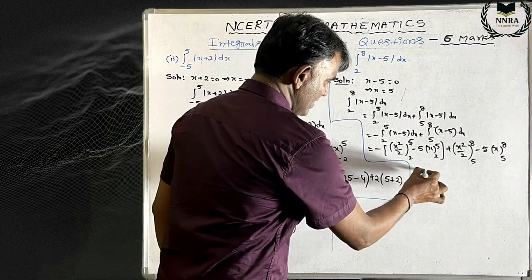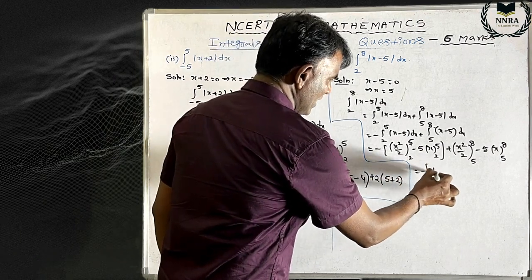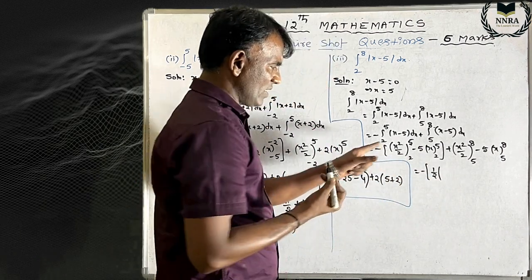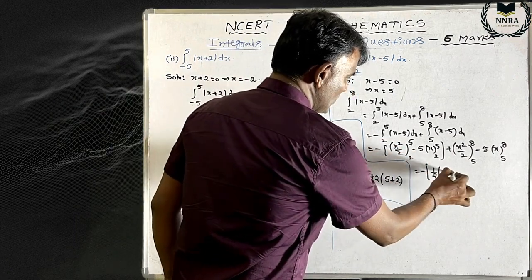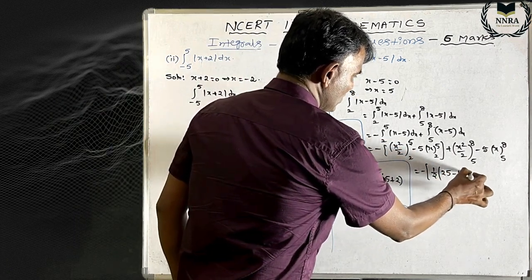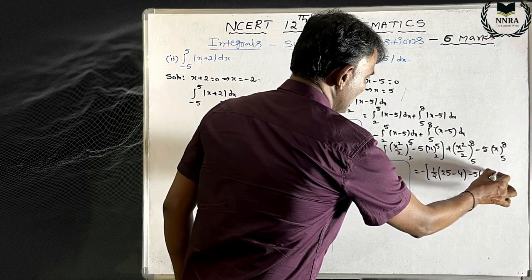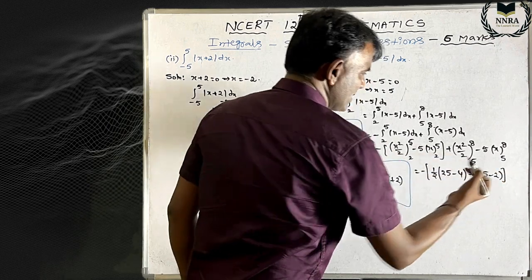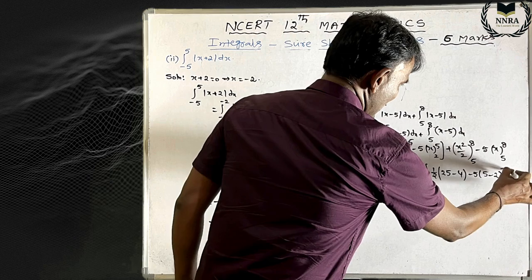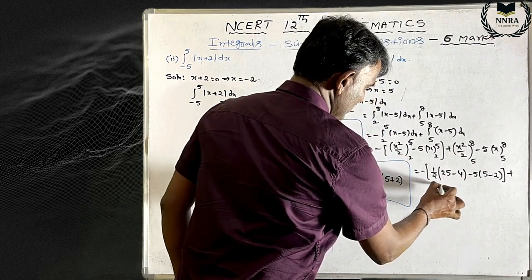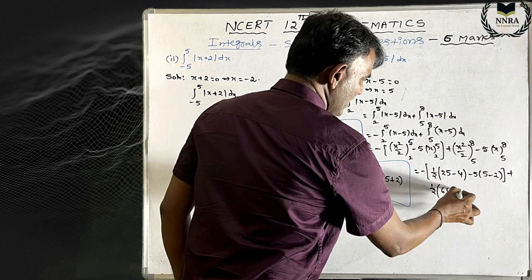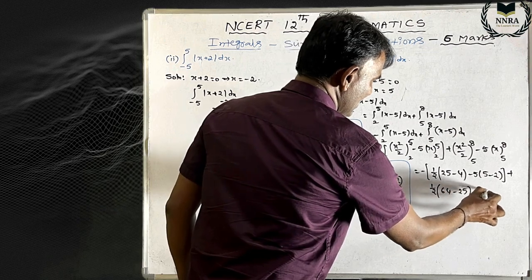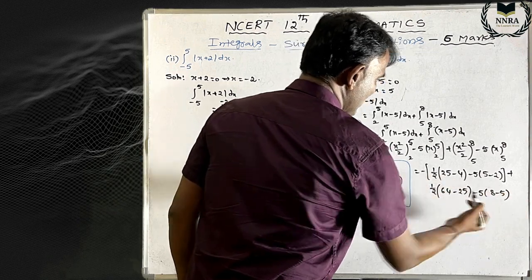So here minus of, what is that? 1 by 2 into, so upper limit 5 square means 25, minus 2 square 4, and 5 into 5 minus 2. So this is the first value. Then plus 1 by 2. So here 8 square means 64, minus 5 square 25. Then 5 into 8 minus 5.